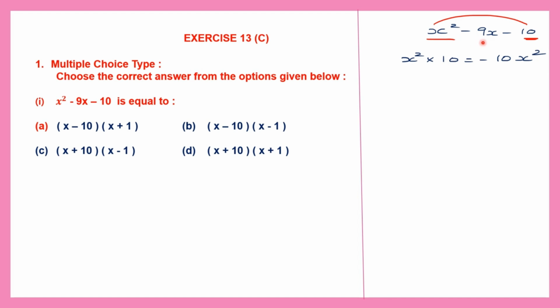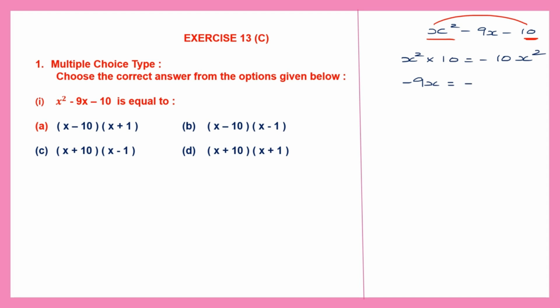Now we have to split the middle term, that is minus 9x. We have to split it in such a way that when you add you get minus 9x, when you multiply you get minus 10x square. So how do we split minus 9x so that we get minus 10?